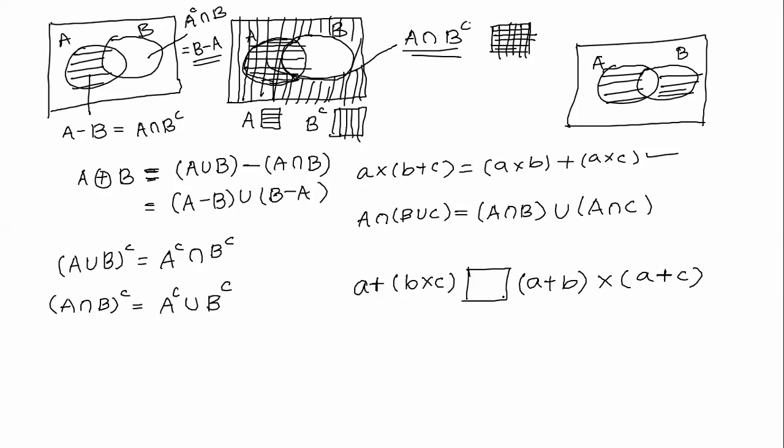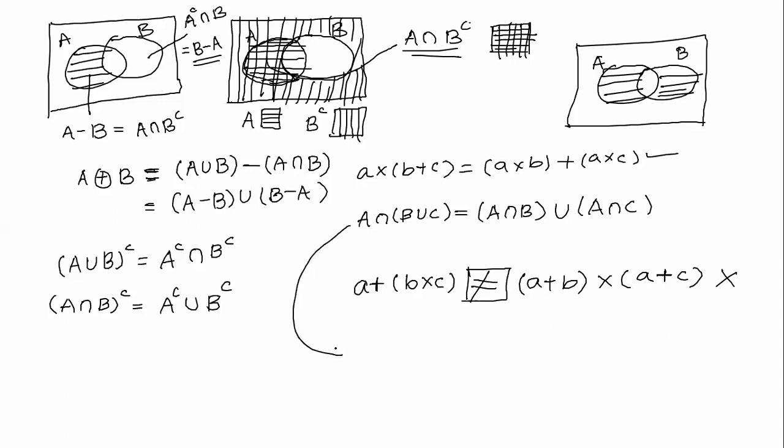False. Yes, this is not correct in algebra, which means we say that addition is not distributive over multiplication. Already we know multiplication is distributive over addition. And analogously, in set theory, intersection is distributive over union.